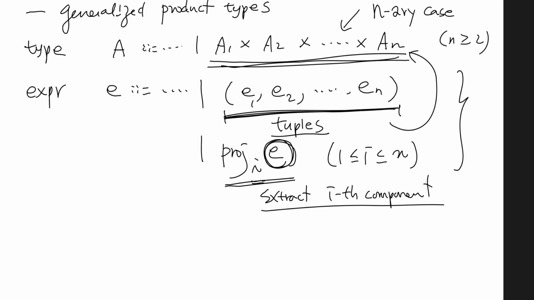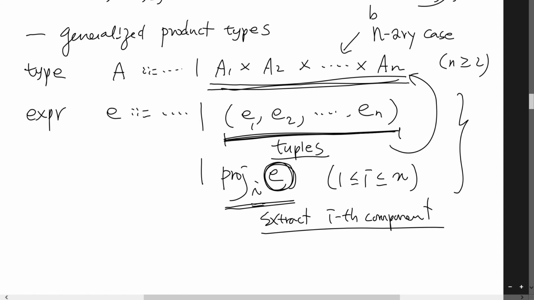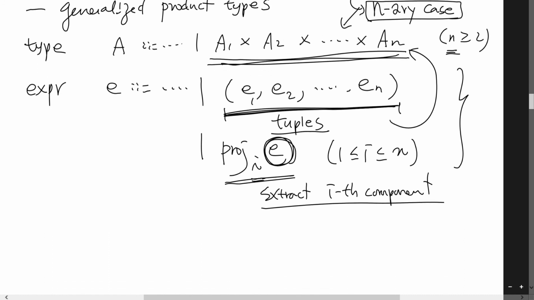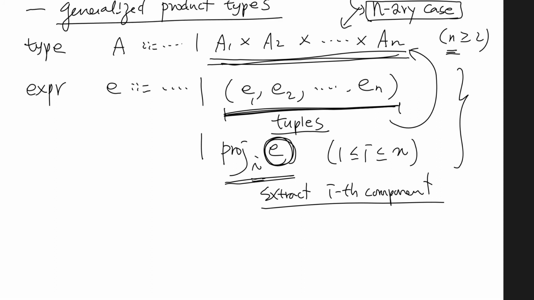If n is 2, then it's going to be the binary case. And now we generalized it, so n can be any integer greater than or equal to 2. So we are talking about this n-ary case. So that's the idea of how to generalize the product types. And it's pretty easy to derive the typing rules and reduction rules. So let's just consider typing rules.